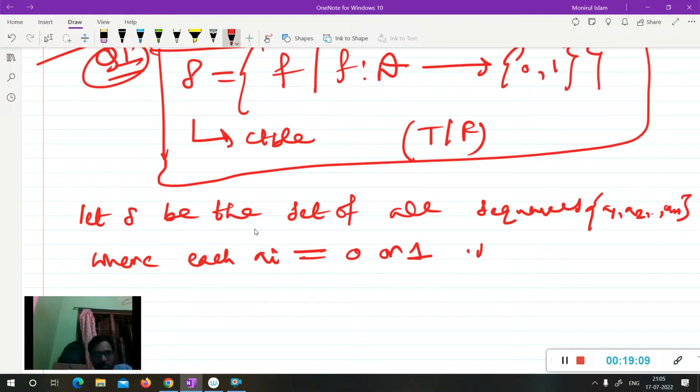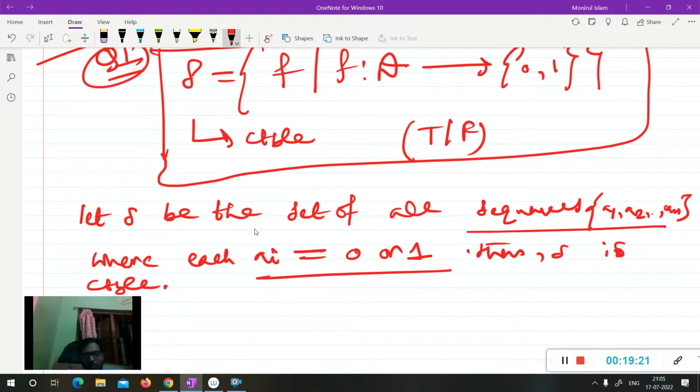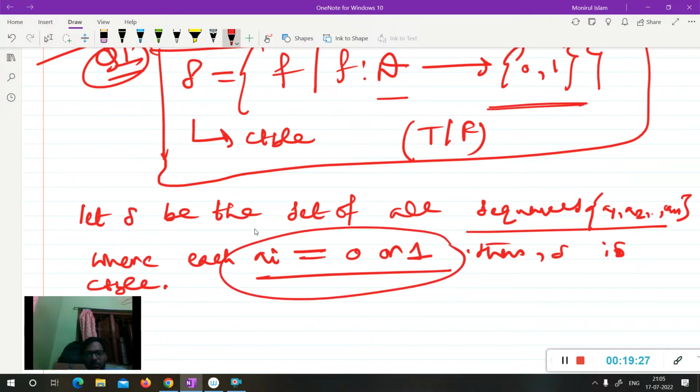Then S is countable. This is the actual question. S is the set of all sequences where each entry is 0 or 1. A sequence is nothing but a mapping from the natural numbers to a set, and here the codomain is {0, 1}. So is the set countable or uncountable? This is a true or false question.